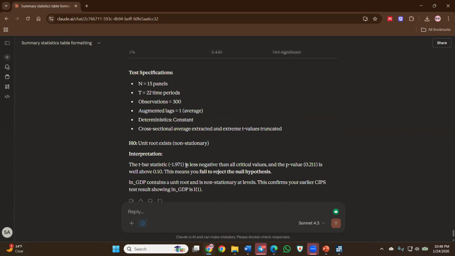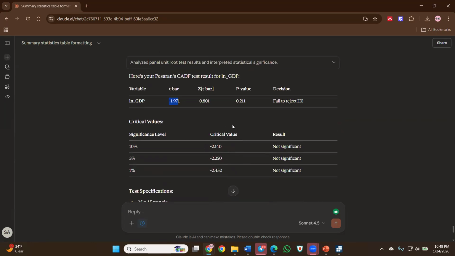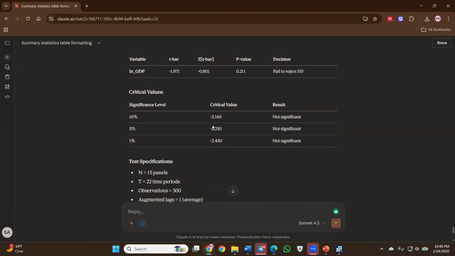It says that 1.97 is less than all the critical values, and the p-value is well above 0.1. This means that we fail to reject. We can even base this decision on the p-values, but let's compare the t-bar and see. The t-bar is 1.971, and then the critical values are 2.140, 2.250, 2.450.